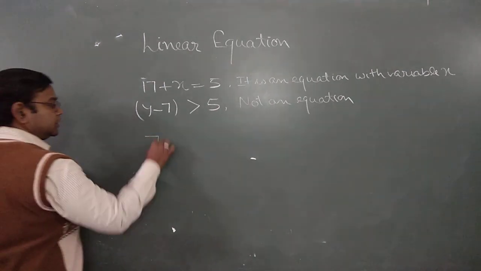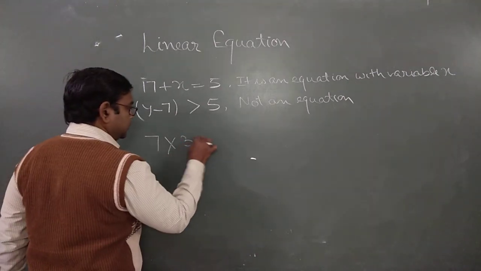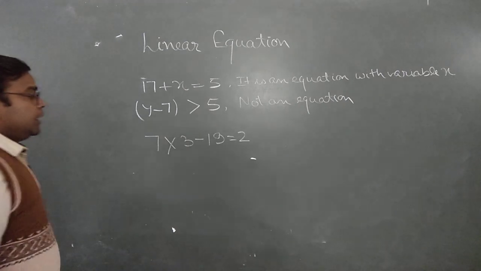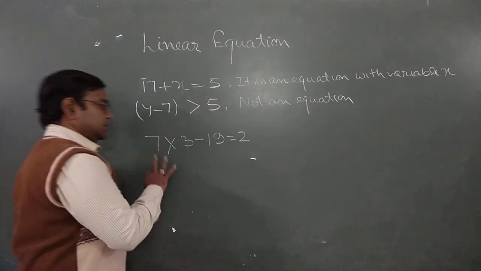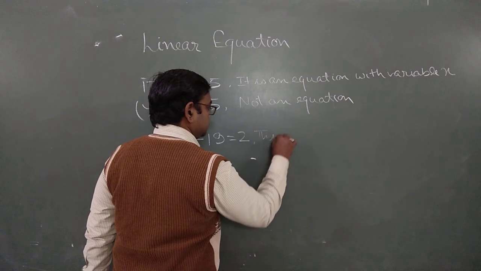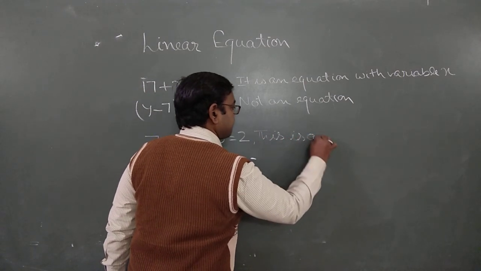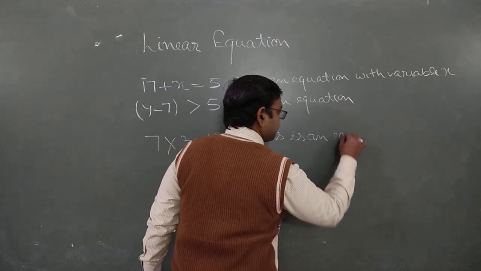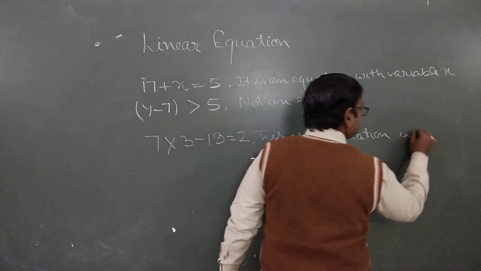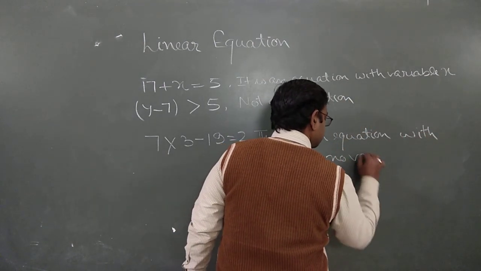The other one is 7 into 3 minus 19 equals 2. Is this an equation? Yes, this is an equation, but there is no variable, so it is an equation with no variables.